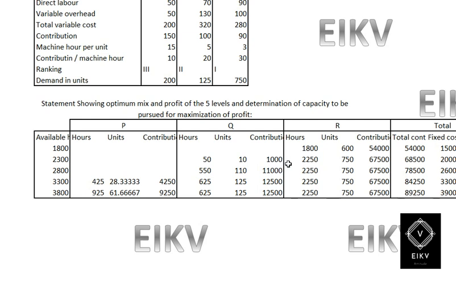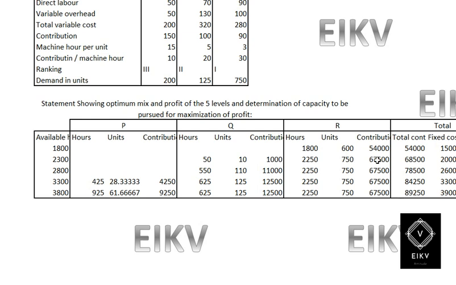Then the remaining hours will be taken, that is 50 hours will be taken for manufacturing of the next ranking one, which is second rank, which we will give for product Q. 50 hours we have, and for the 50 hours we can make only 10 units, that is 50 divided by 5 will give 10 units, and 10 units multiplied by contribution per unit, that is 100, we get a contribution of rupees 1000.